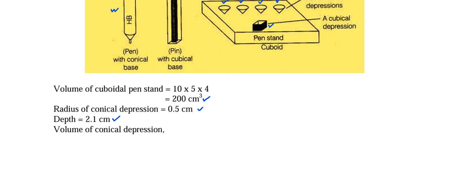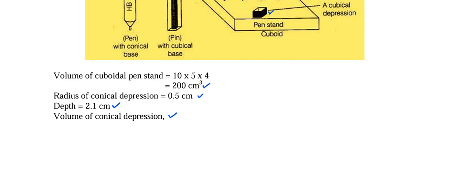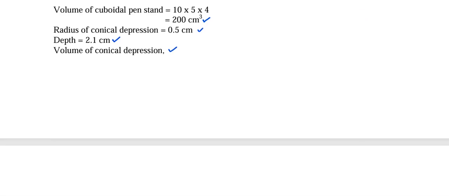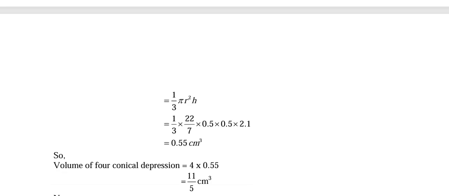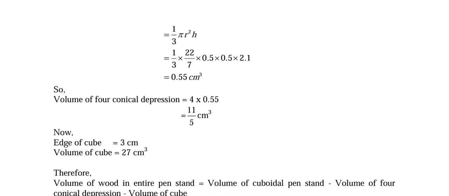Volume of the conical depression, we recall the formula of the volume. So this is 1 by 3 pi r square h. Now putting the values of pi, r and h. The value of pi is 22 by 7.